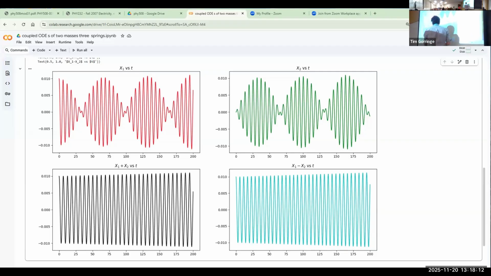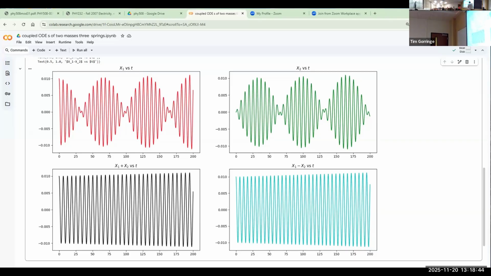What about the 2 lower plots? Think of them as the average position of the 2 masses versus time. I actually just summed x1 and x2, but if I divide it by 2, it would be like the position of the center of mass versus time. So that's the gray one on the left-hand side. Think of that as the position of the center of mass as a function of time.